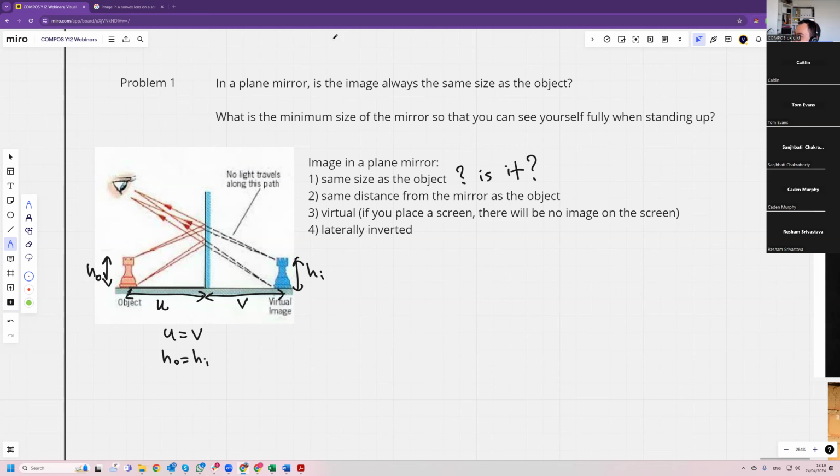Carry from the mirror to the virtual image. Very good. The distance is the same. You need to look at point 2. The distance from the mirror, which is my phone, to the virtual image of the house is the same as the distance from the house to my mirror.